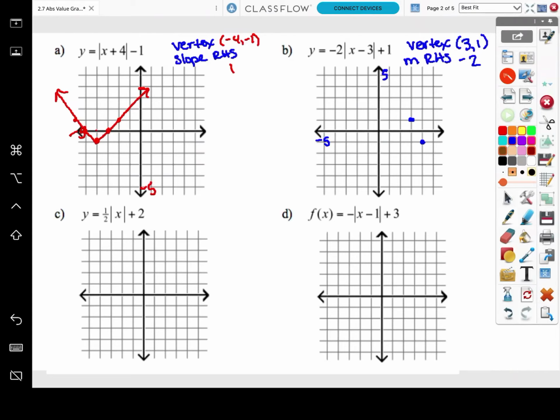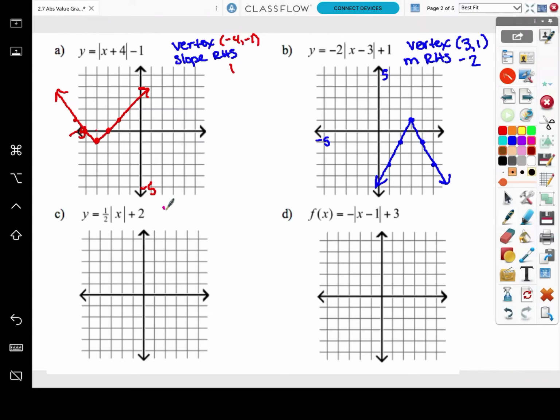So I'm going to go down 2, right 1. Remember, slope is rise over run, so we're going to go down and right. And then to find the left hand side, I can go down and left. All right? So we don't have to create these XY tables every single time. We have some shortcuts now that we're in Big Kid Algebra 2.